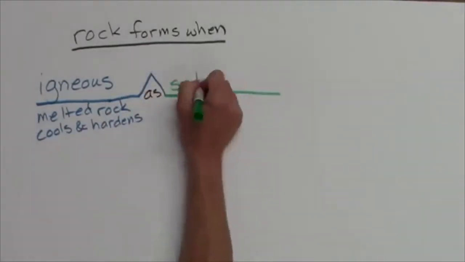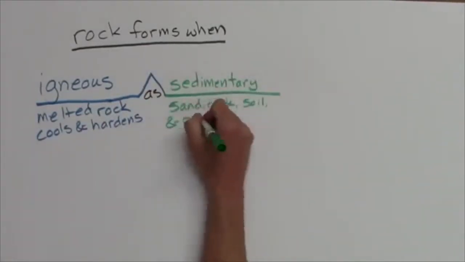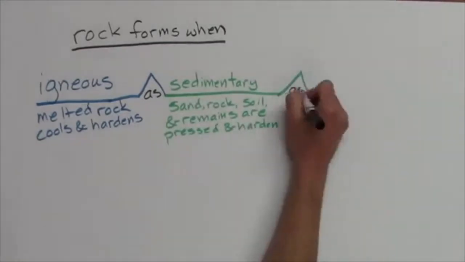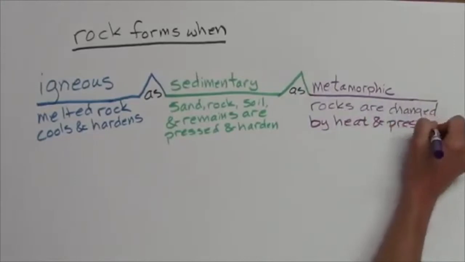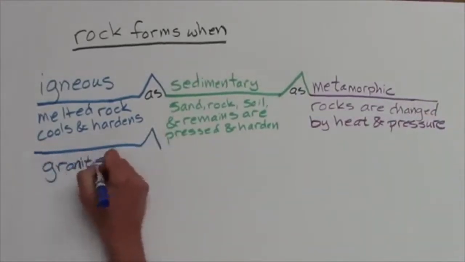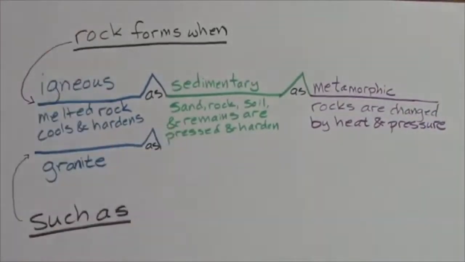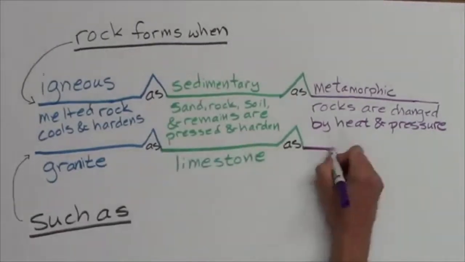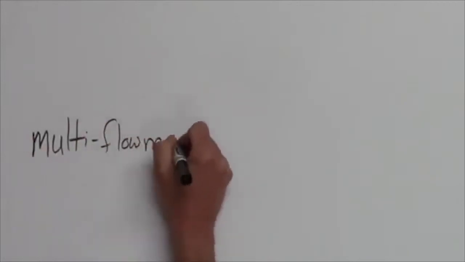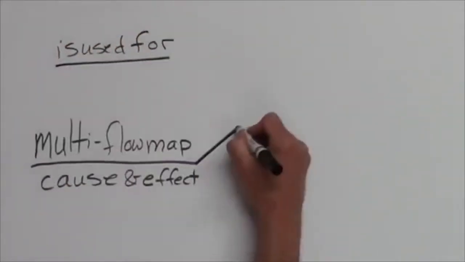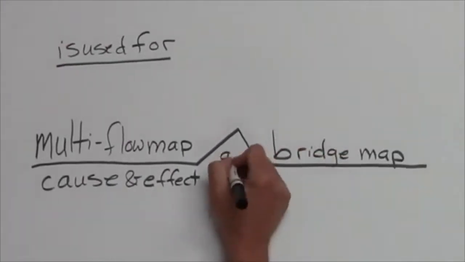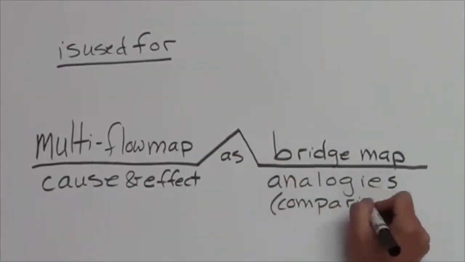You could use a bridge map to help you study for that science quiz on rocks. And not only could you build a bridge to show how rock formations are analogous, how they compare, you could bridge the bridge to provide an example as well. Cool, rockin'. So, whenever you are looking to explain or clarify the relationships between things, you can build an analogy by building a bridge map. Build a bridge and get into it.